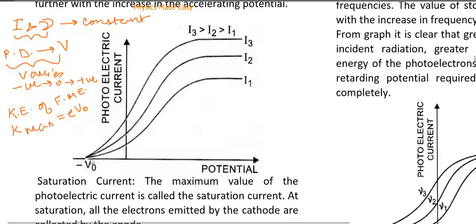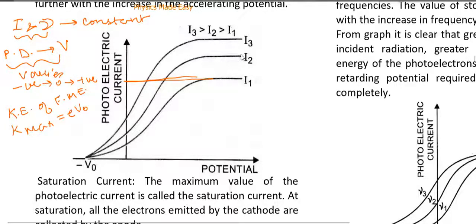Now, in the second case, if the intensity is I2, the graph will be like this. If intensity is more, then saturation current will increase. The basic shape of the graph will remain the same. You can observe from here. So I1, I2, I3 are three different intensities, and the saturation values corresponding to these three different intensities can be measured like this.